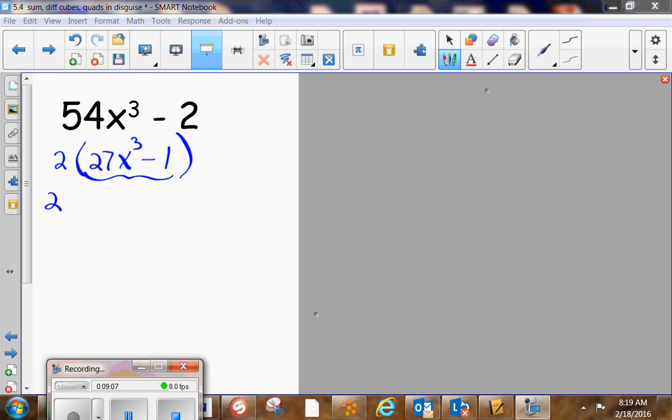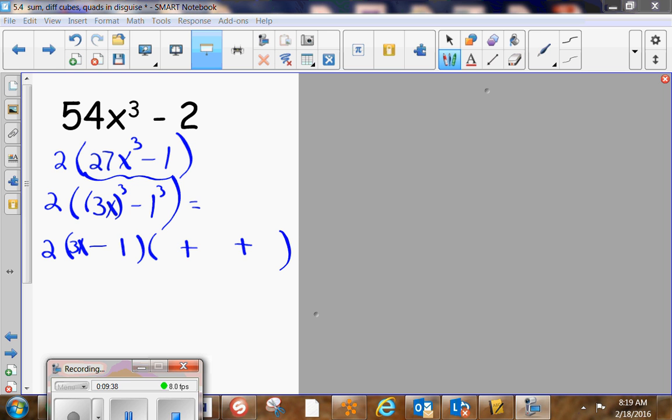I'm going to write this as 3x cubed, that's my a, and this would be 1 cubed. So again, keep my 2 there. Binomial times a trinomial. SOAP it. Same, opposite, always positive.